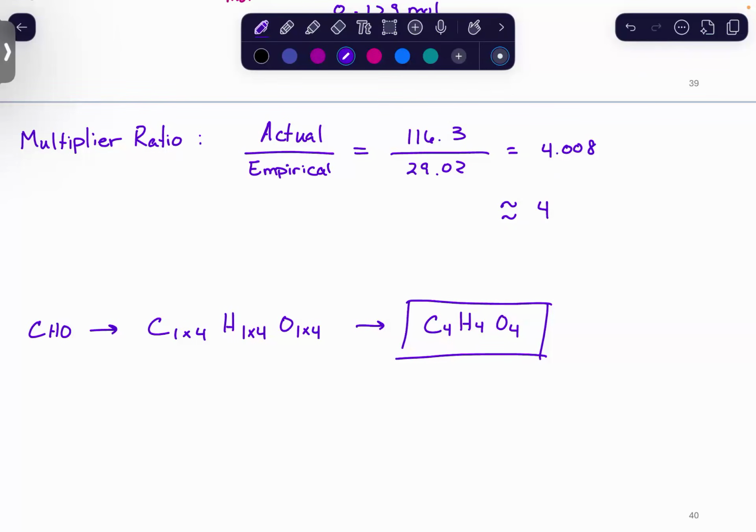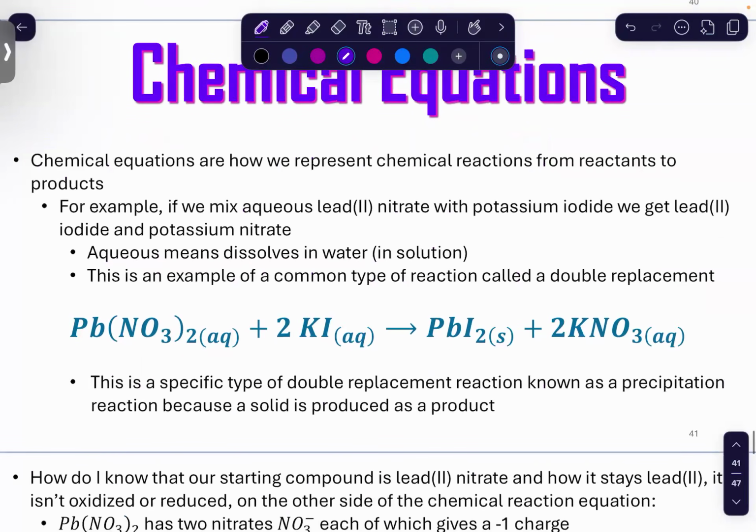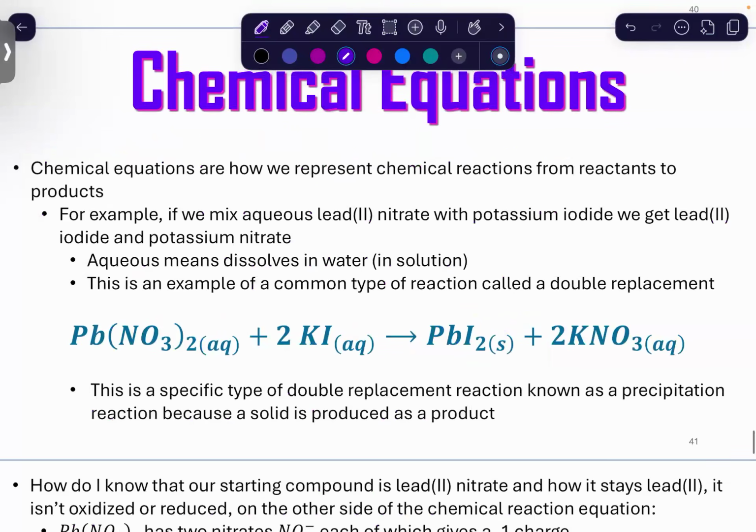All right, now we're going to go on to look at chemical equations. So we've been using them. We're just going to talk about them a little bit. Chemical equations are basically showing our map from reactants to products. Your left side is your reactants.